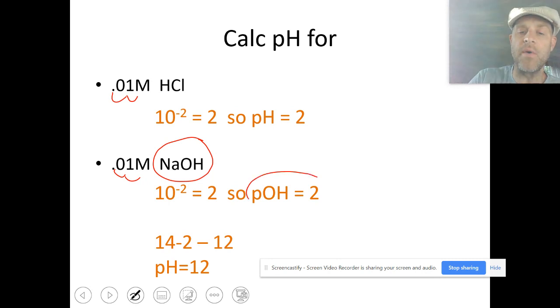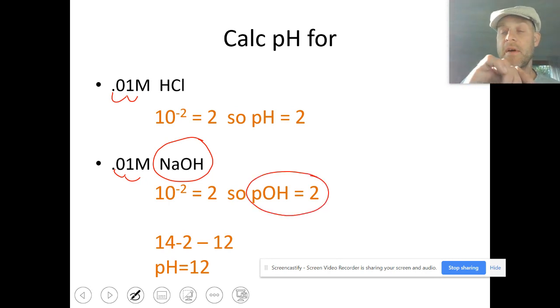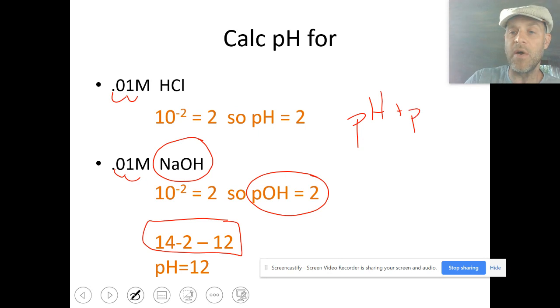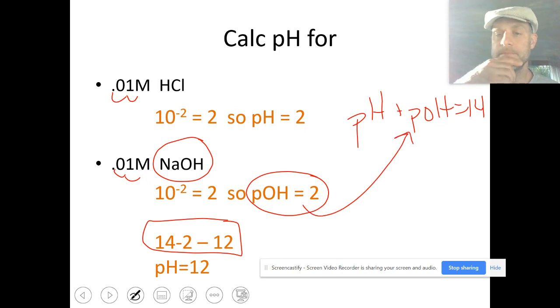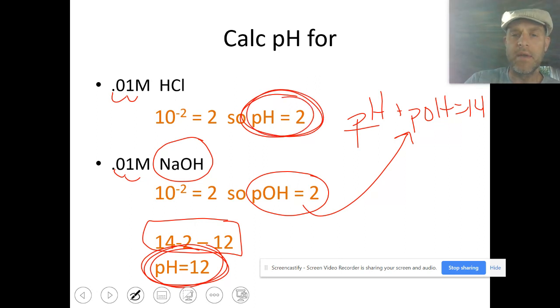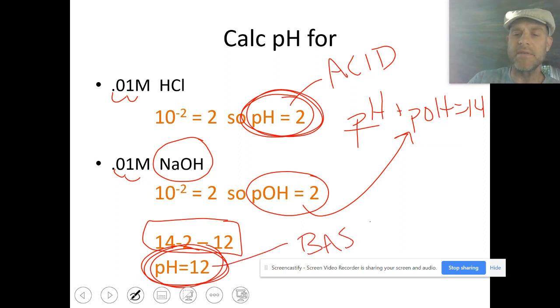We solved for pOH. So to figure out the pH, remember I need this one. pH plus pOH equals 14. So if pOH is 2, what plus 2 equals 14? That's 12. So the first is below 7. That's an acid. This is above 7. That's a base.